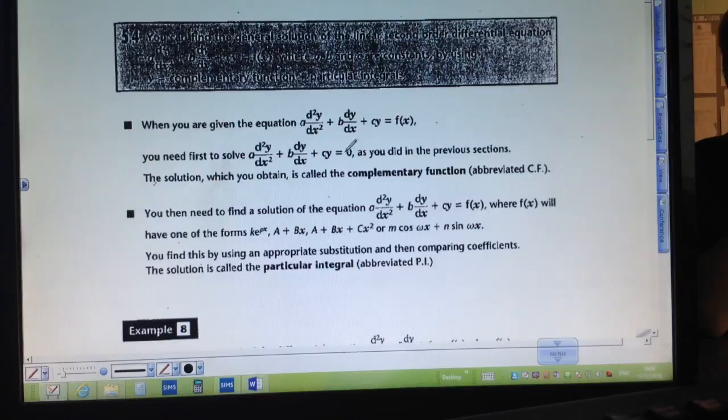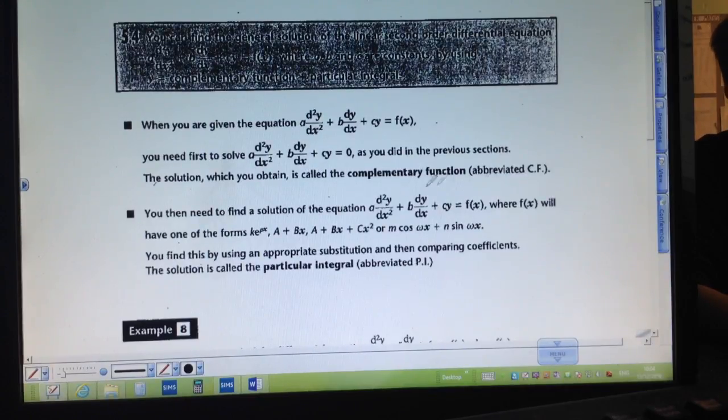If it equals 0 like this, we call it homogeneous, and it's linear because you've got a, b, and c. If you've got another variable here like x squared, and it's all to do with y's, then you can't do it. It's out of this remit. It's way down at university level.